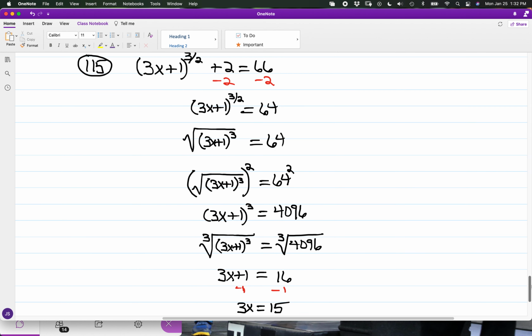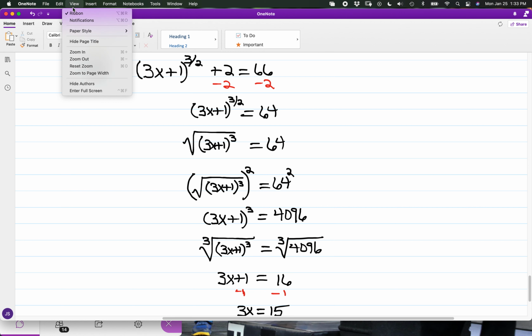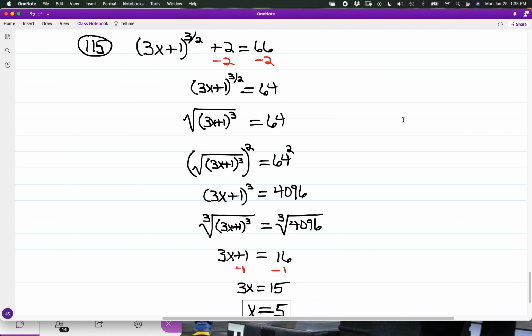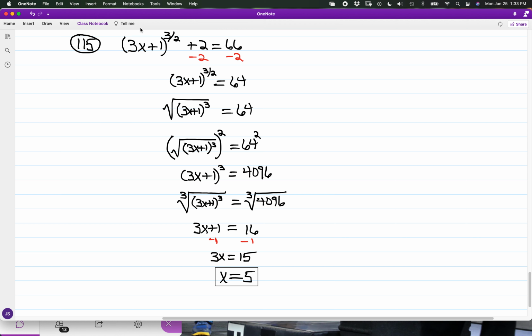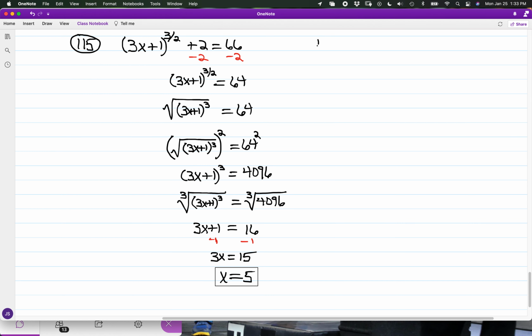And for what we have in the case of 116, the quantity of 2x minus 1 to the 3 halves, minus 3 is equal to 122.